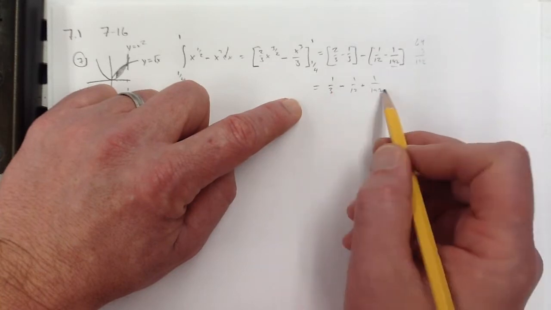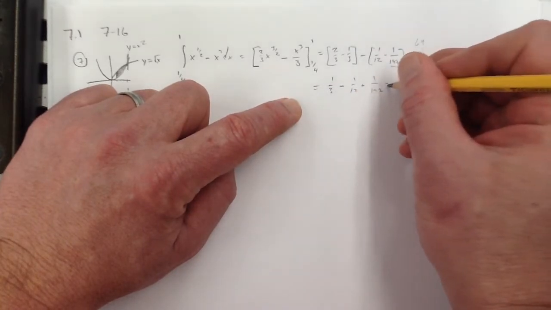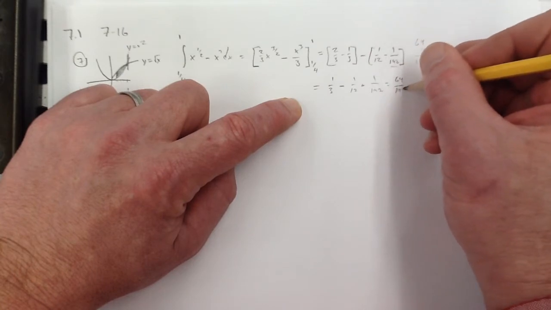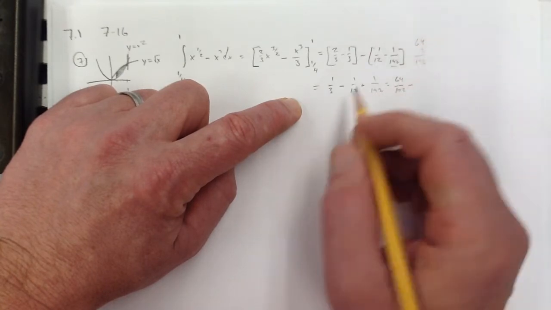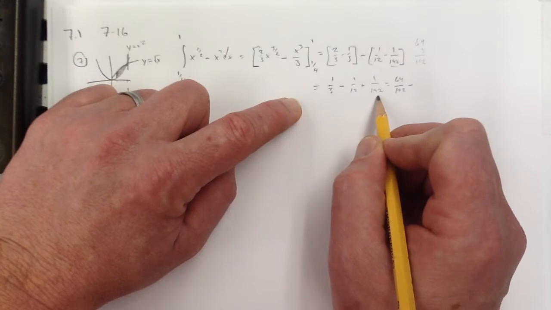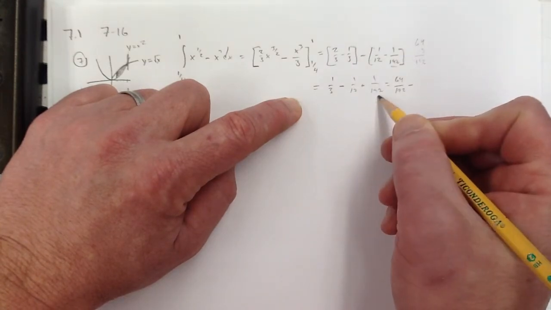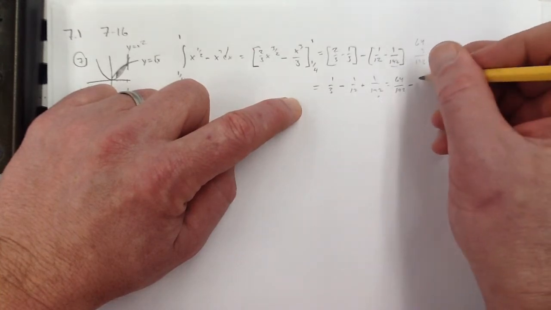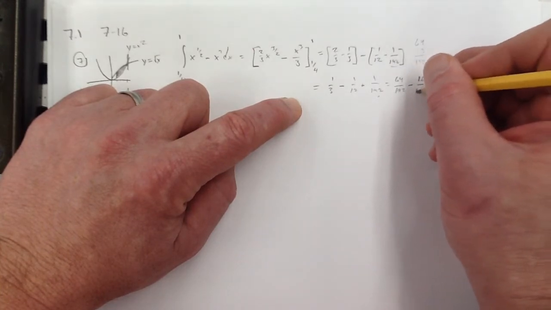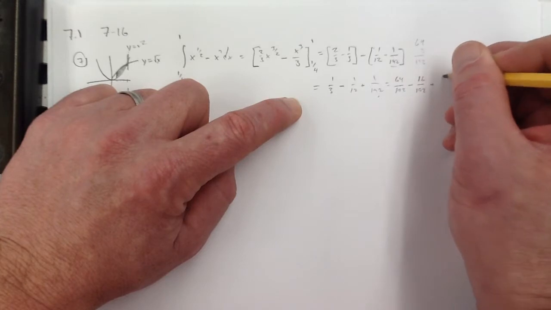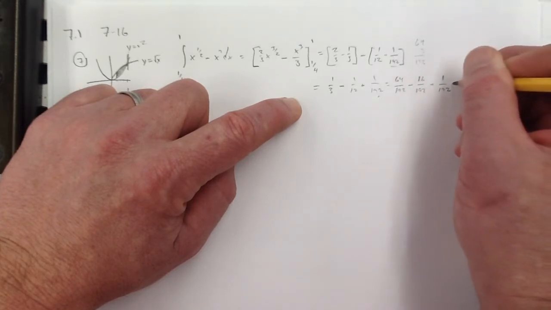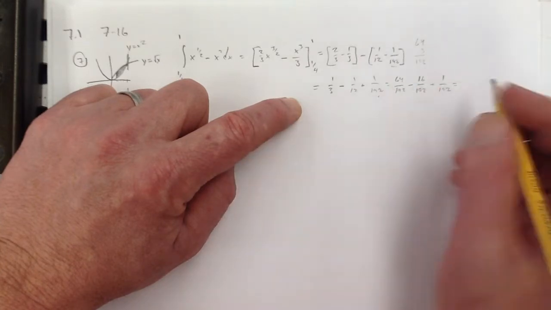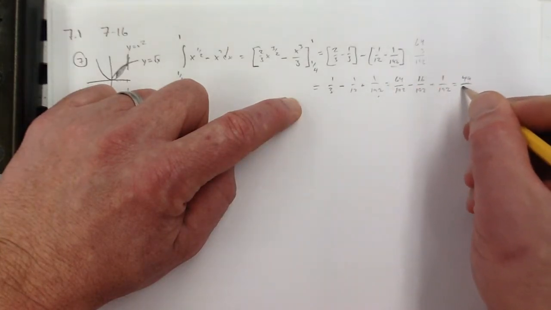Well, 64 is the thing there, so that's equal to 64 over 192 minus 16 over 192, since 16 times 12 is 192, plus 1 over 192. 64 minus 16 is 48, plus 1 is 49.